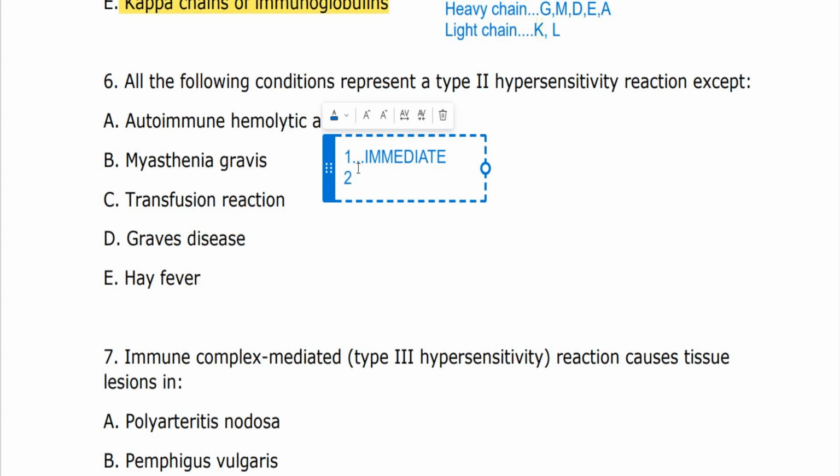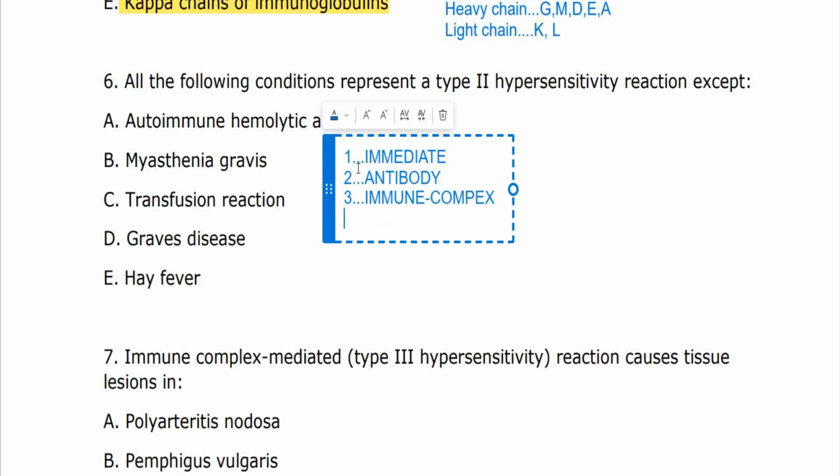Type 2 is antibody mediated. Type 3 is immune complex. Antibody antigen complex, immune complex that should be deposited at sites, usually like things like vasculitis. Type 4 is cell mediated, or call it delayed.